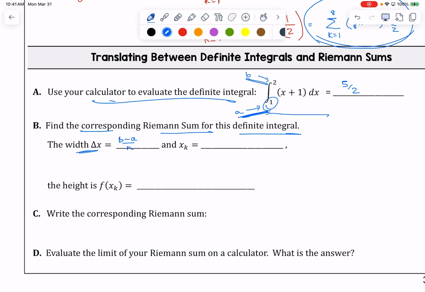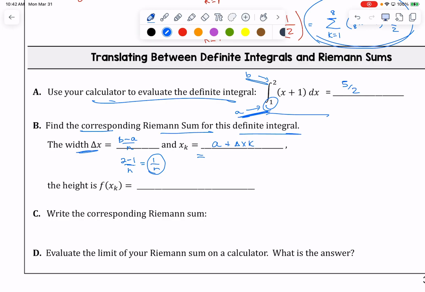If they don't give you a number of rectangles to use, you're just going to leave it as n. So it's going to be 1 over n because we're going to let n approach what? Infinity. So what would x sub k be? Well, that's a plus delta x times k. So what would it be in this problem?